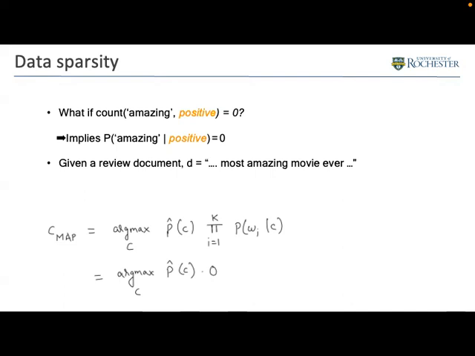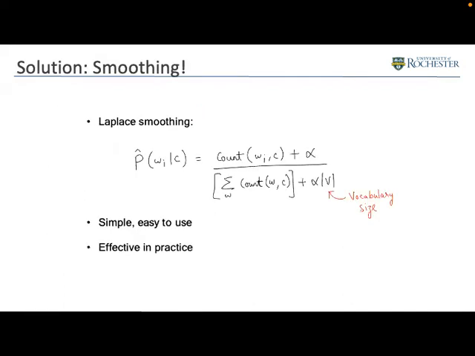Does anyone want to answer? Still, if you take the log, the log of 0 does not exist. Log cannot take 0. That is why we need to introduce smoothing.